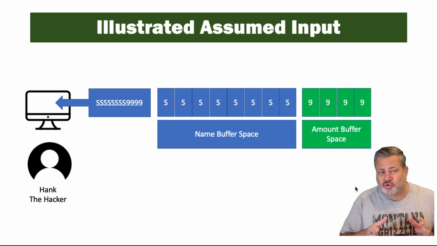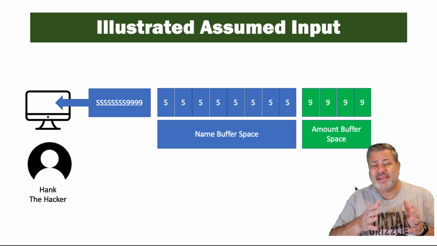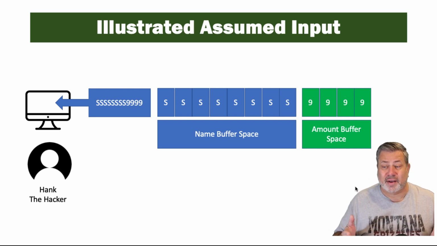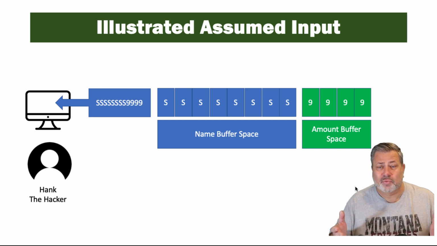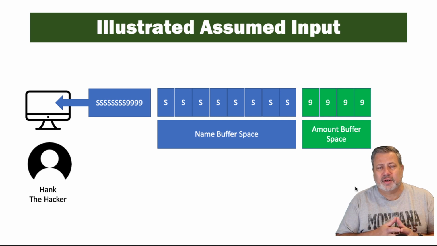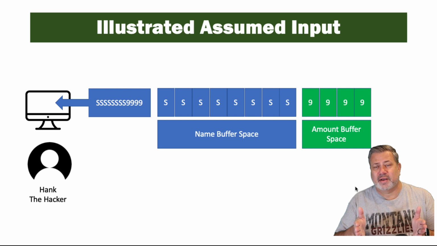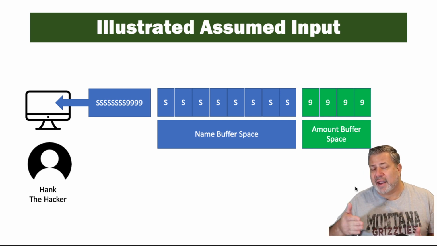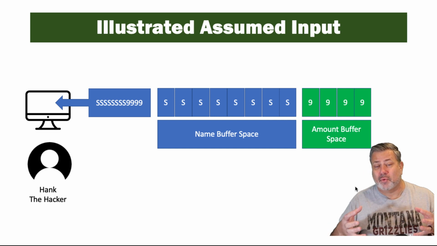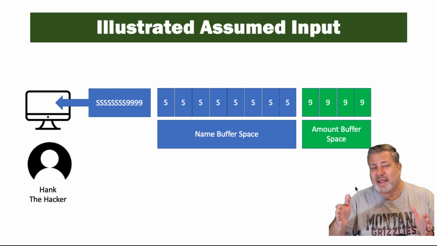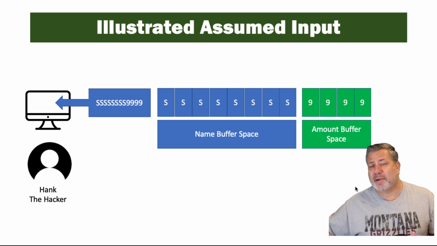Through trial and error, he figures out exactly how big that buffer is and fills it up with random data. In this case, Hank has just used the capital letter S, enough of them to fill up that entire name buffer space. Now the 9s that he's put in have to go somewhere because we haven't bound that buffer space, so they overflow into the amount buffer space.